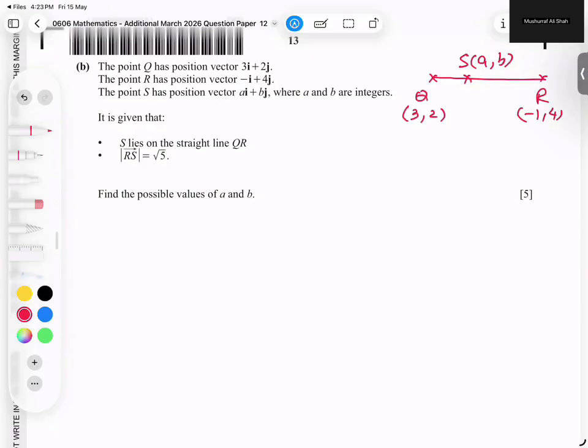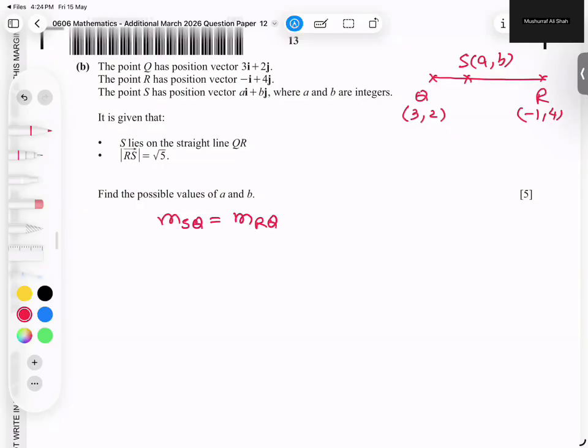And student, you know it very well, when he says straight line, okay? It means that I can say both gradients are equal: QS and SR, or even the other part. So I'm starting now. Gradient of SQ and gradient of RQ, same.